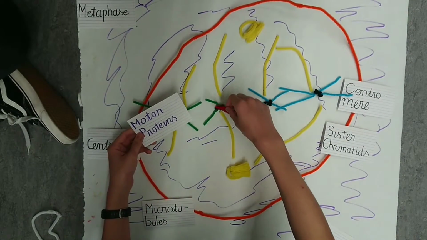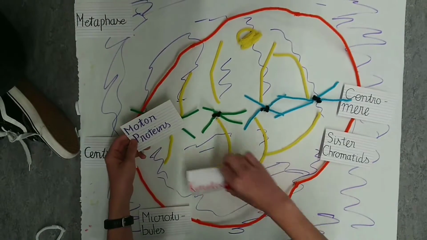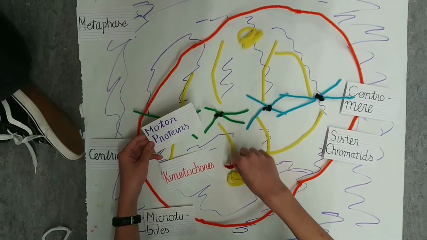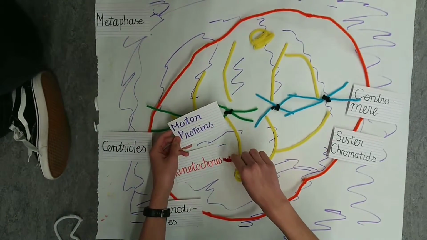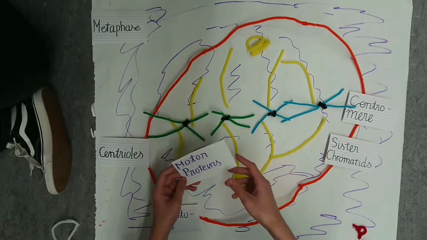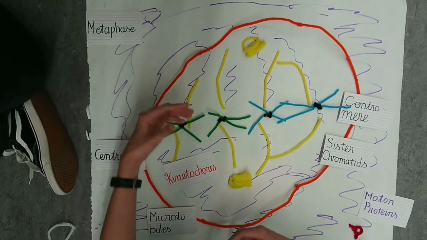The motor protein moves from the kinetochores into the centrioles to start signaling when is the moment to get these apart.